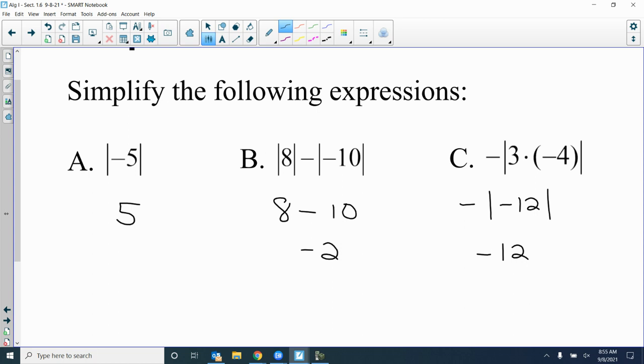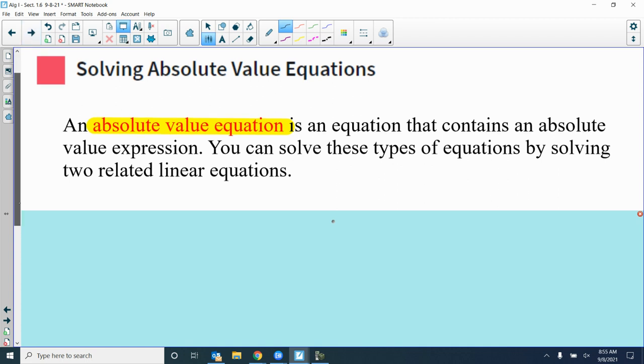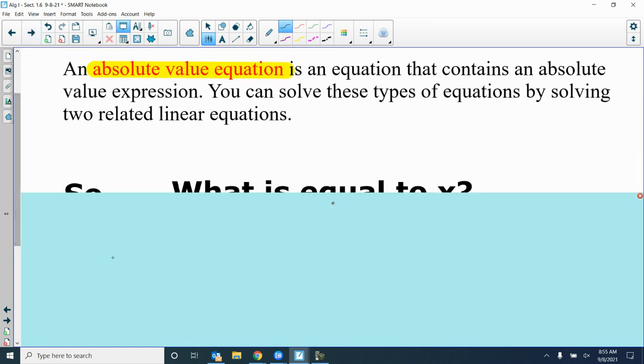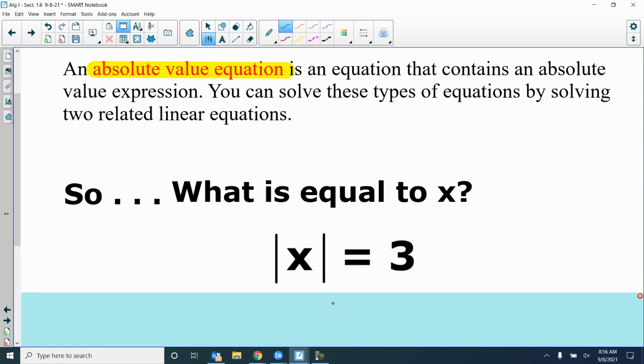All right, now we're going to throw some equations in here. An absolute value equation is an equation that contains an absolute value expression. Duh. You can solve these types of equations by solving two related linear equations, and I'll explain what's going on here. So you have the absolute value of x equals 3.